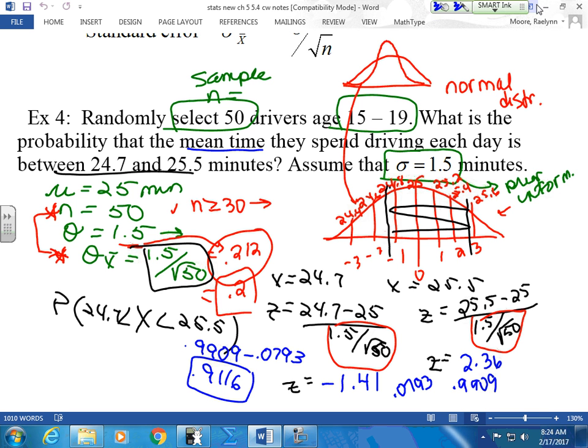By squishing it all in, this helps my sampling error. That's why we divide this out. We make it a little tighter in the field there. Otherwise, we'd be far more spread out on this. So I have a good probability that my sample mean of all those samples are going to be between 24.7 and 25.5.